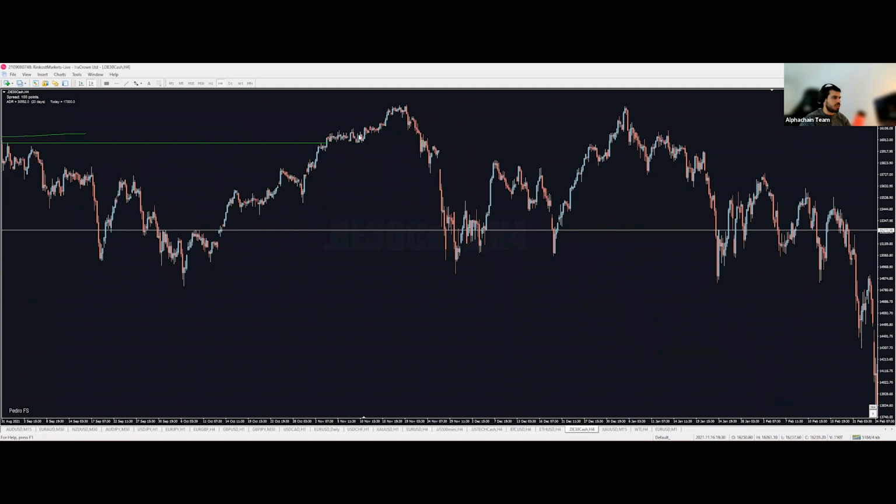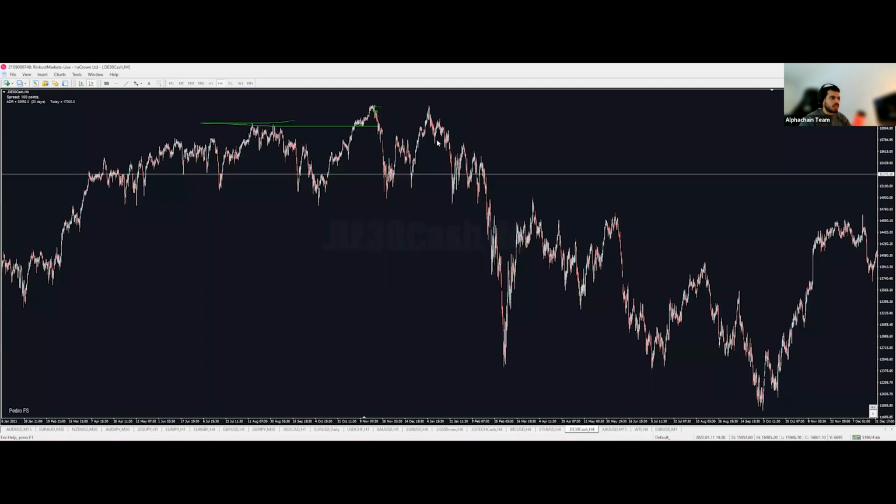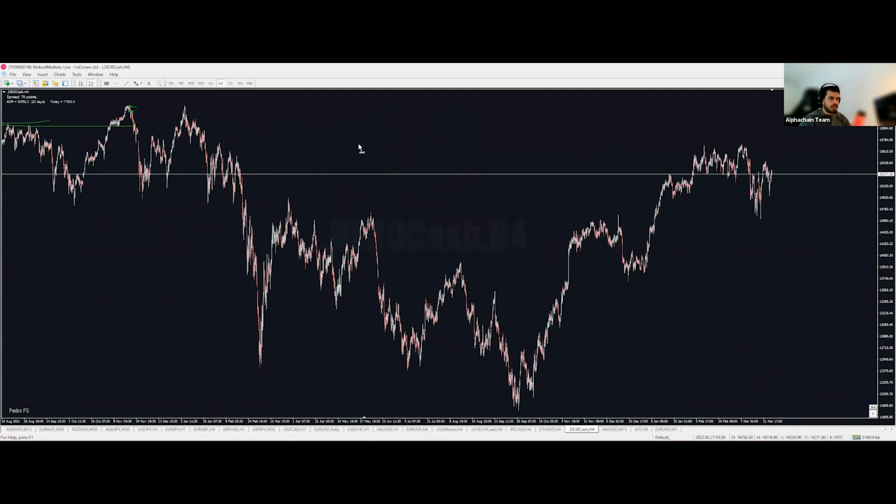We can repeat ourselves again. Within this level, we have the extreme of the extreme. It was left behind. We have this level in here, which was respected already. This is the last zone that you should be looking for price eventually to go to as a double top. But yes, this level in here, wait for it to be broken. Actually, am I looking at the right thing, to be honest?